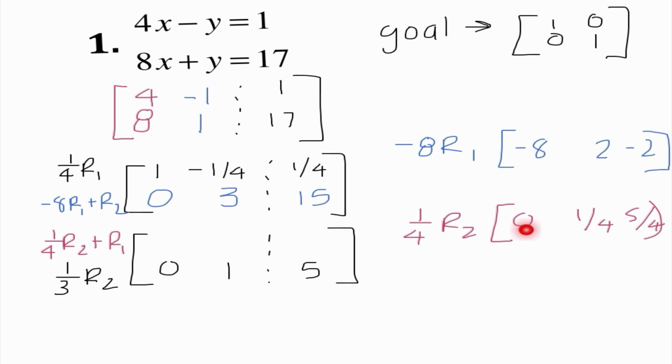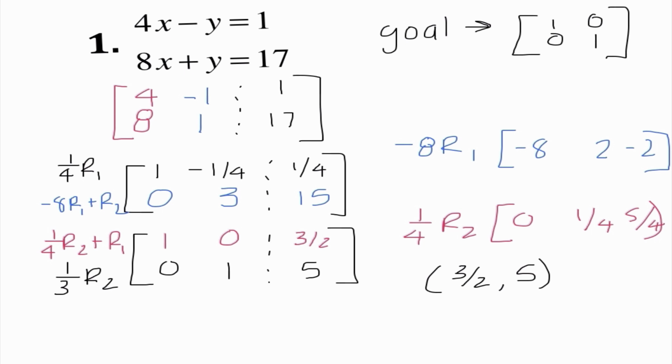So I have 0 plus 0 plus 1 is 1. 1/4 minus 1/4 is 0. 5/4 plus 1/4 is 6/4, or 3/2. So based on this, our ordered pair is 3/2, 5.